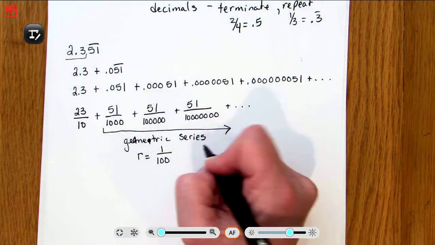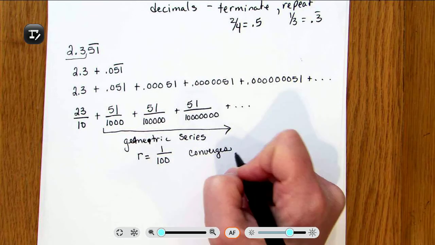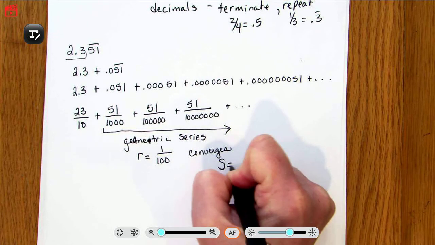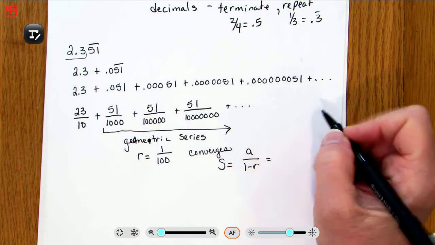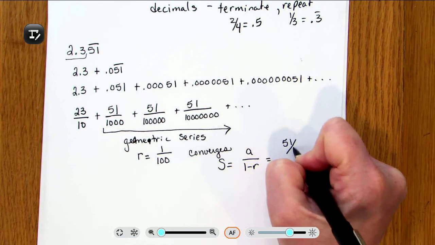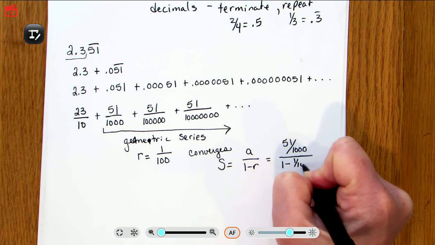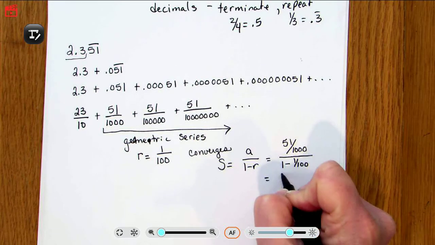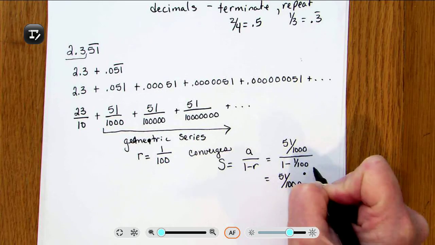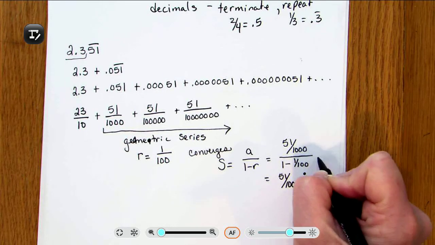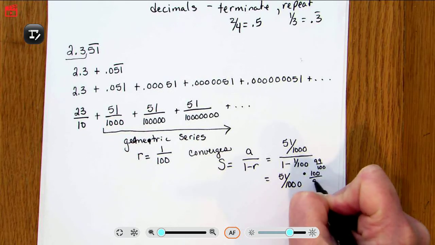So this thing converges or adds up to, again, that formula, your A over 1 minus R. My A is that 51 over 1,000. 1 minus my 1 over 100. So 51 over 1,000, and I'm going to multiply it by, this would be 100 minus 1, 99 over 100, so 100 over 99.